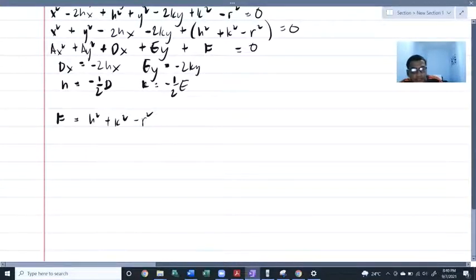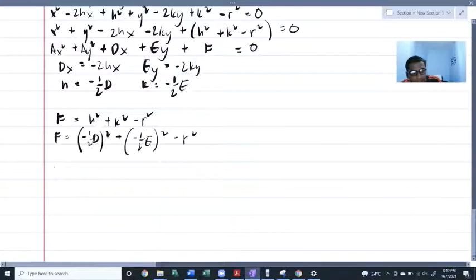But h and k are already expressed in terms of d and e respectively. So we have negative 1/2 d squared plus negative 1/2 e squared minus r squared.